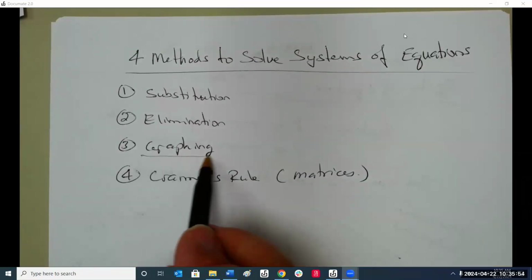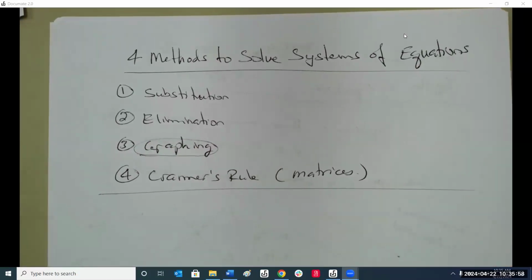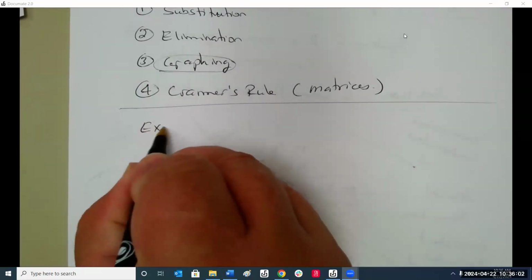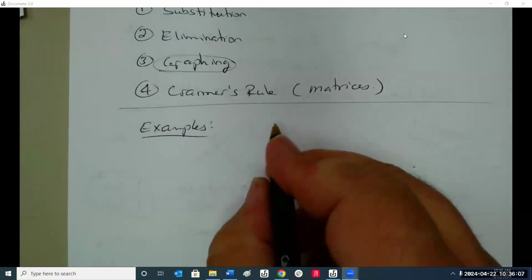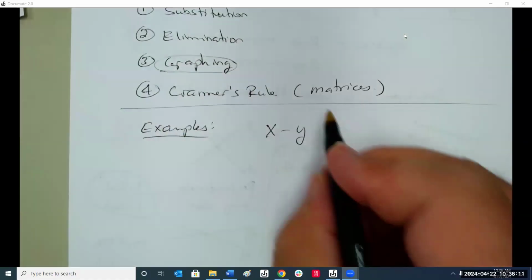The easiest of the bunch is graphing, because we spent so much time graphing these things. So let's look at, we're going to use the same equation for all four of these.